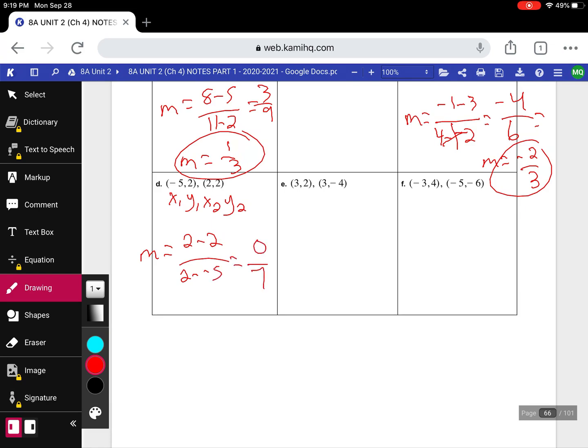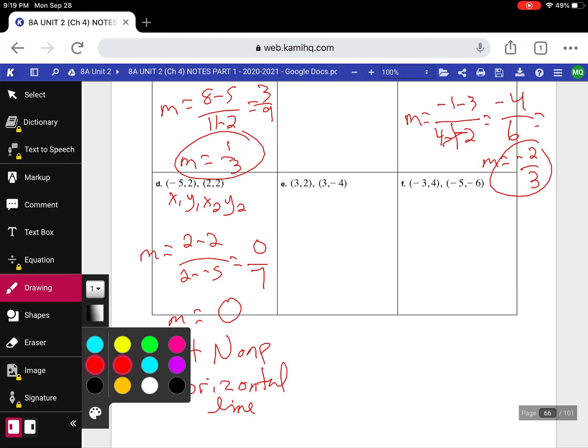So we get 0 over 7. Whenever you divide 0 by anything, you get 0. So the slope is 0, okay? It's not none. You're not going to say it's a slope of none, okay? And I hope you recognize, because of our HOY-VUX lines, that is a horizontal line, okay?